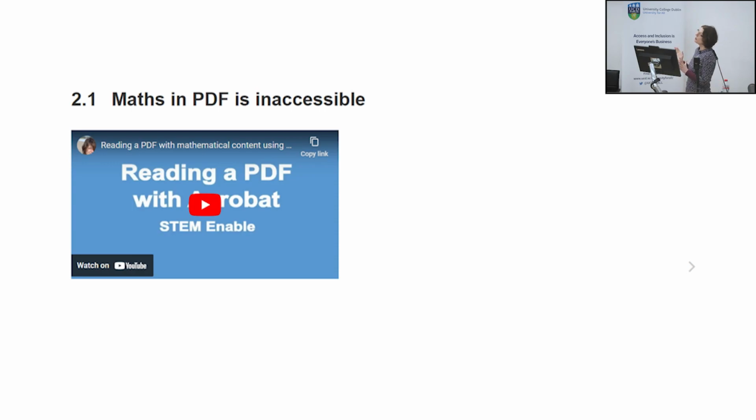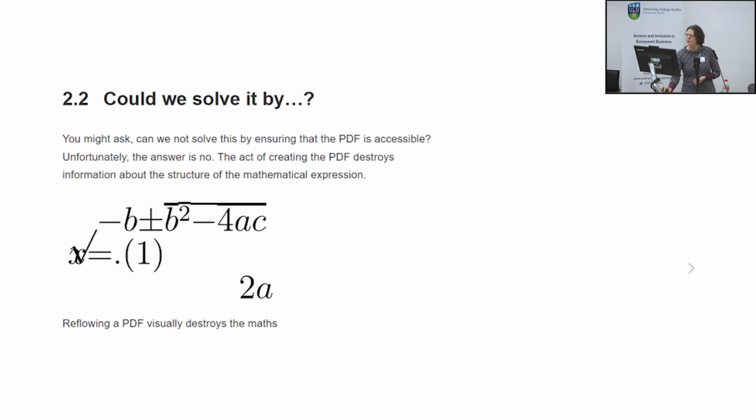Now this video I'm not going to play because we established earlier that the sound is too low in the room, but you can have a look at it in your own time. I'm going to show you instead what I mean by that. If we magnify, if we reflow a PDF with mathematical notation in, it will destroy the structure of the mathematics.